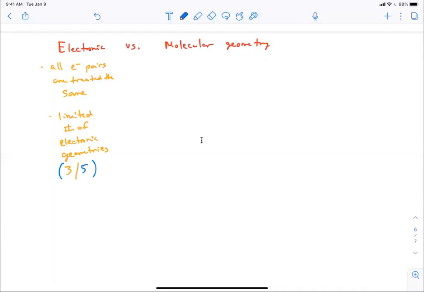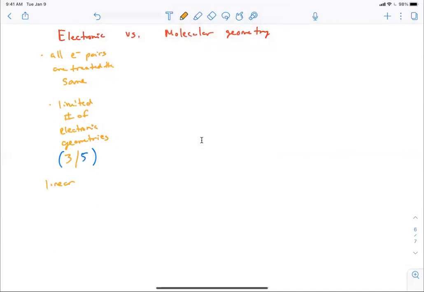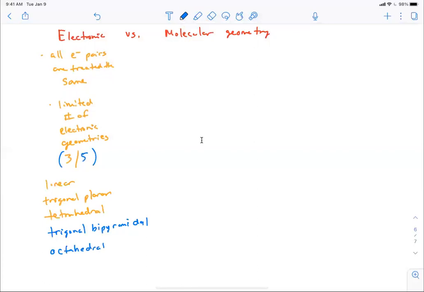And that would be linear, trigonal planar, tetrahedral, and at higher level, you'll need to know trigonal bipyramidal and octahedral as well. Those 5 shapes are the only possible shapes that you could have for electronic geometry.